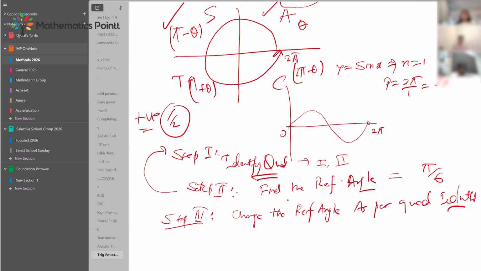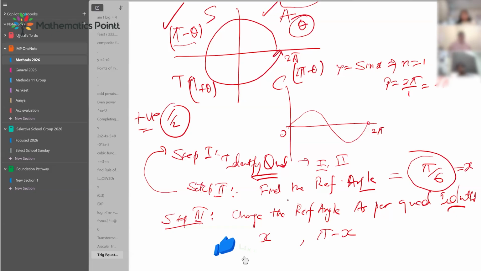What quadrants have I identified? 1. So it is theta. In this case, my theta is the x, so I simply replace it by x. And the second quadrant is pi minus theta, which means pi minus x. X is the reference angle, which you identified as part of step 2.